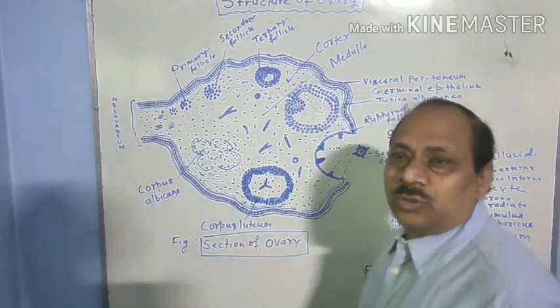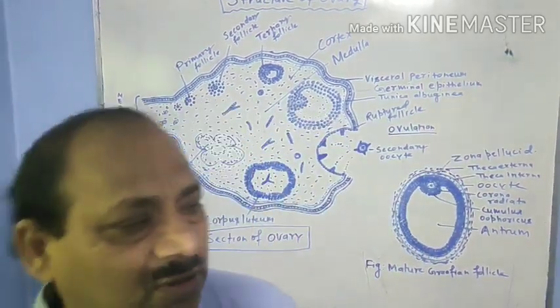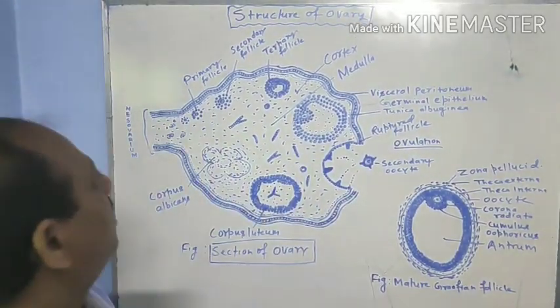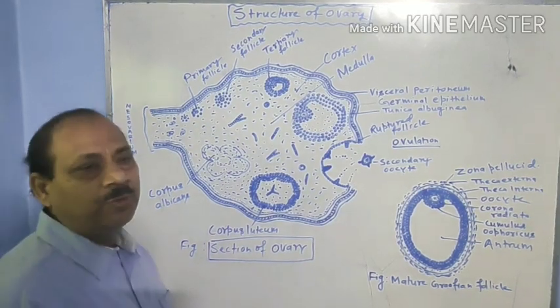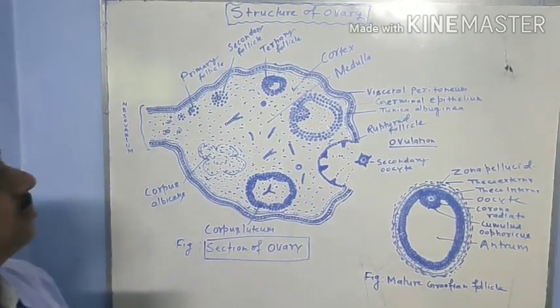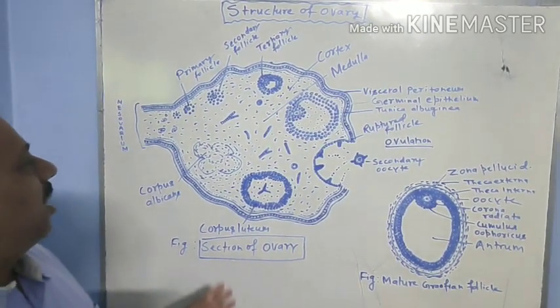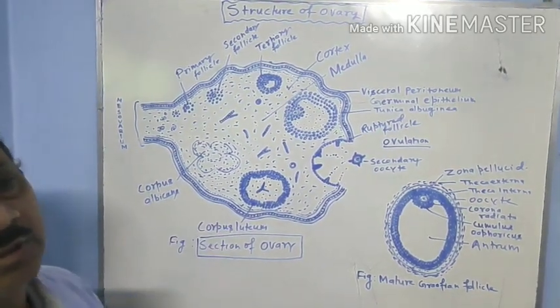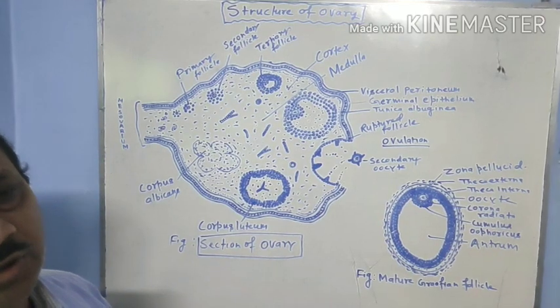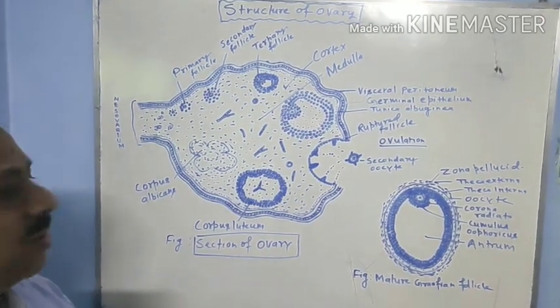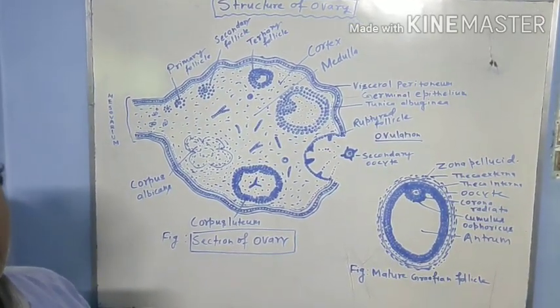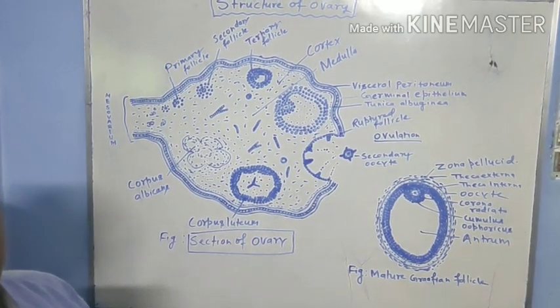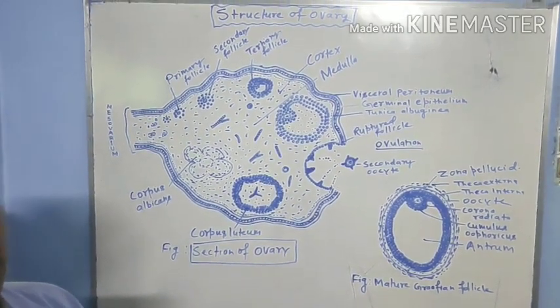Students, today I would like to discuss the detailed structure of ovary. As I told you, ovary is known as primary sex organ of female because it produces female gametes or ovum.